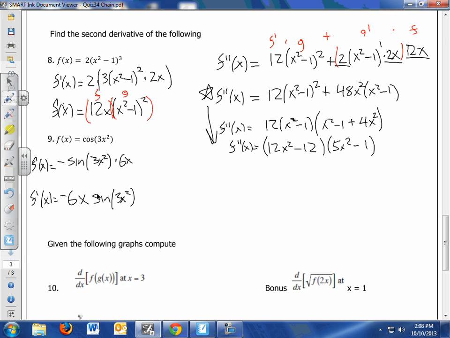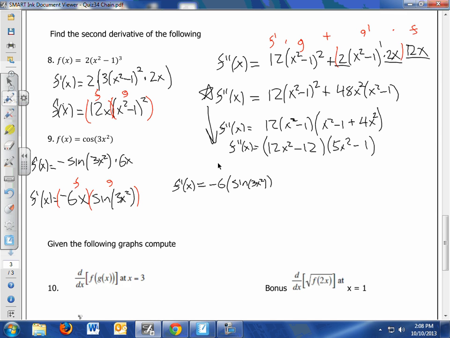Well, again, we have a product of two functions. We have an f and a g. So I must take the derivative using the product rule. So to find the double derivative, the second derivative of my original function, let's use the product rule on my first derivative. We have negative 6 times the sine of 3x squared.